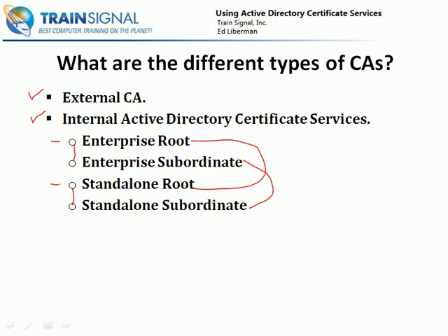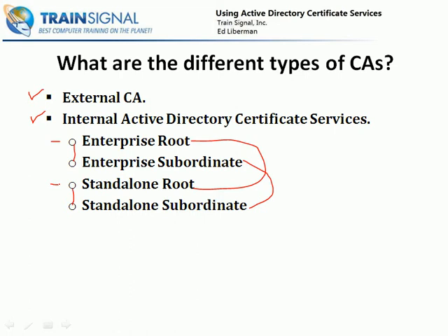Now, as far as the term root versus subordinate, CAs can be implemented to form a hierarchy. This is done for the purposes of security, really. In just a moment, I'm going to show you an example of a hierarchy of CAs. But the root is pretty much the top level CA, and it has what's called a self-signed certificate.